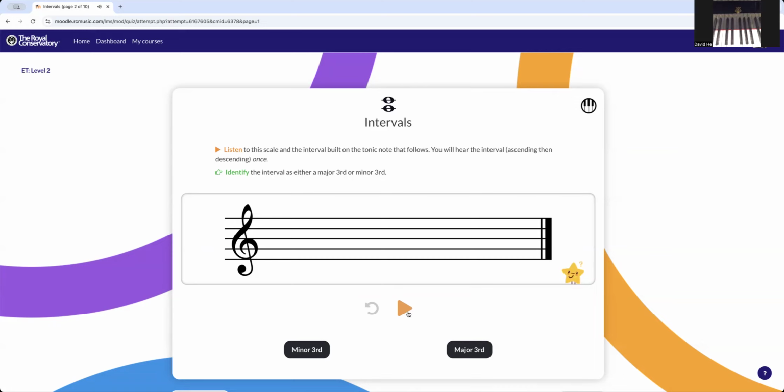What is the scale of the first note? So what is the name of the first note? Sorry. I can hear it's like this.